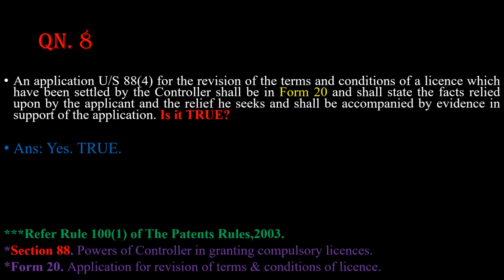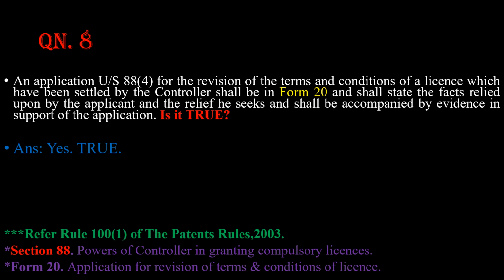Question number 8. An application under section 88 subsection 4 for the revision of the terms and conditions of a license which have been settled by the controller shall be in form 20 and shall state the facts relied upon by the applicant and the relief he seeks, and shall be accompanied by evidence in support of the application. Now, is this statement true? The answer is yes, this is 100% true.